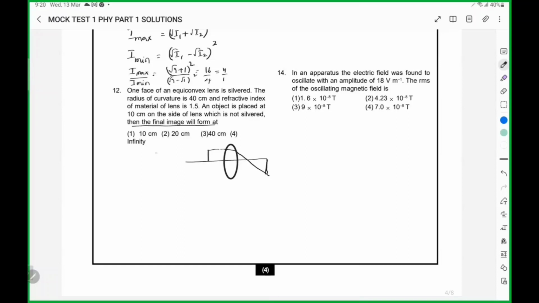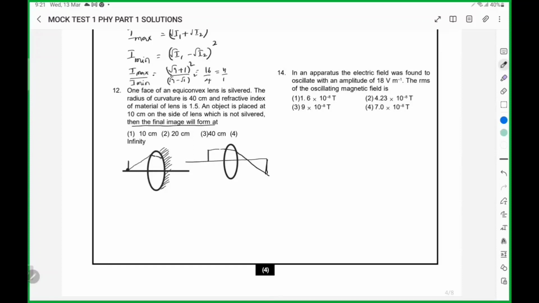Suppose you consider a lens which is silvered at one face. The object is placed here, or okay, let us take a point object. Refraction occurs, and now it is silvered, so reflection occurs here.